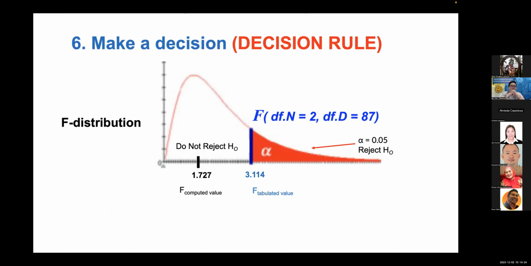So at least you have to find the critical region of rejection, which is 3.114, and your computed F value is 1.727, which falls within the no rejection region or the acceptance region. So with the degrees of freedom of 2 and degrees of freedom 87, that is how you report it, with an alpha level of 0.05 or 95% confidence. The calculated value, computed value, and so on. So that's how you make your decision.